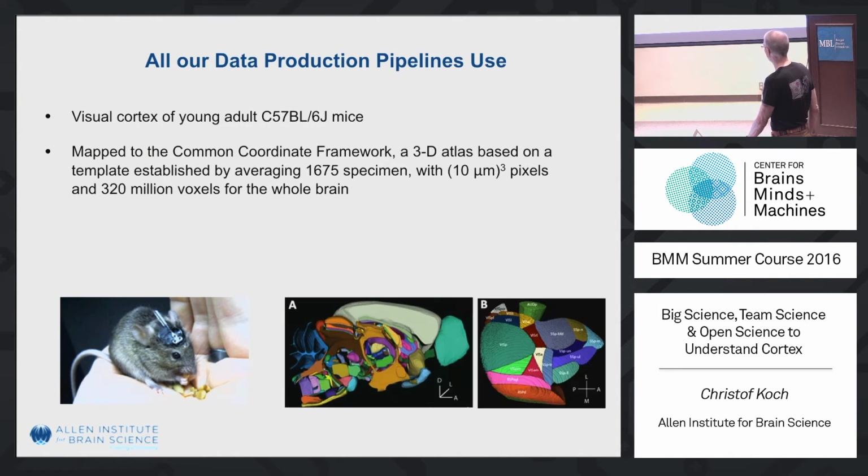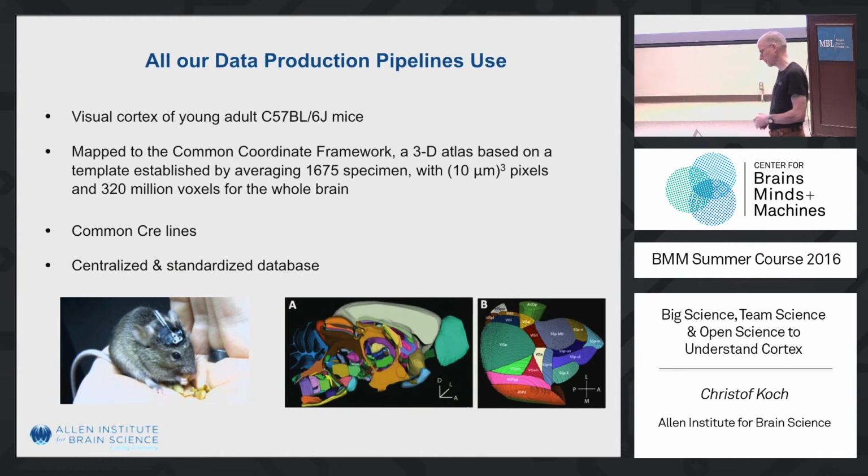That's all within a common coordinate framework. We use common Cre lines that we then give out to the community, so we always know we're referring to the same transgenic animals and the same cells. And it all enters a centralized and standardized database. So part of the production effort in structured science is that all that data gets sucked in, massaged, stored and referenced.